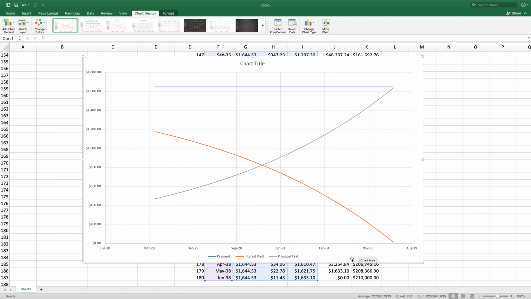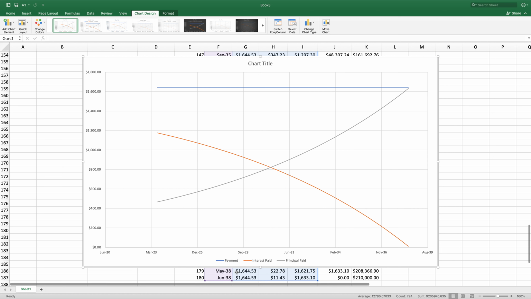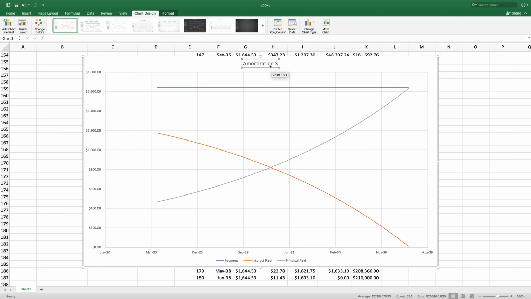So I'm just going to expand this. Let's do a few things. First, let's create a title. We have a legend at the bottom, so I'll just call this amortization schedule, monthly payment decomposition.